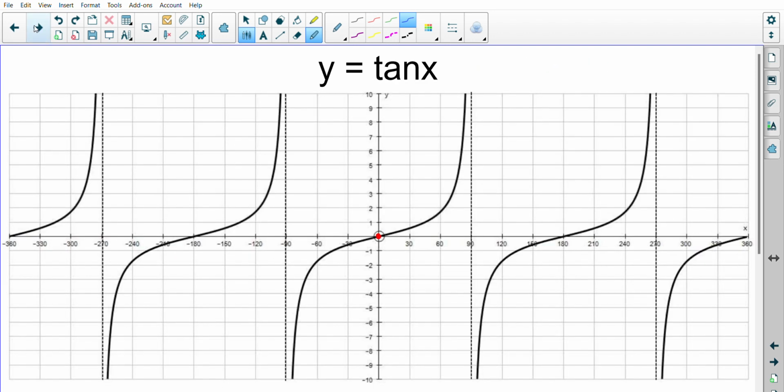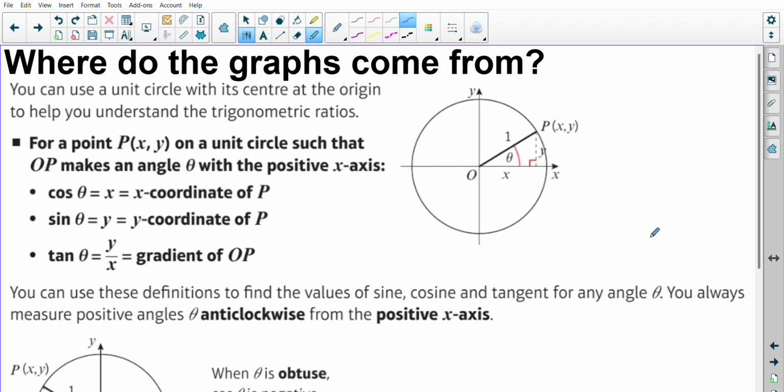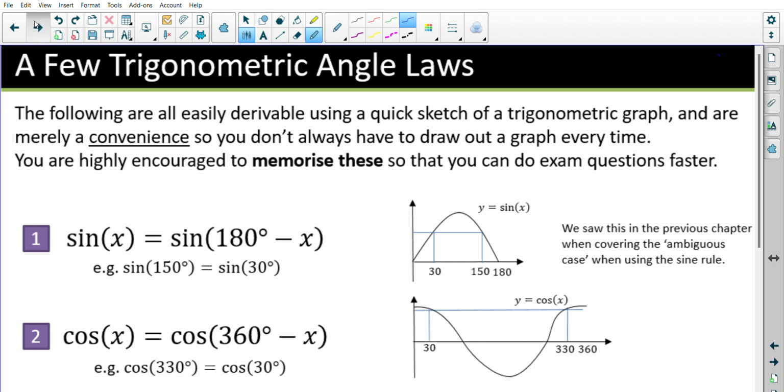But a cast diagram is the most efficient method we've found going forward for the trig questions you have in year 1 all the way through to the trig questions you have in year 2. And cast actually comes from the concepts of the unit circle and the graphs linking to the unit circle. So I'm just going to explain cast.